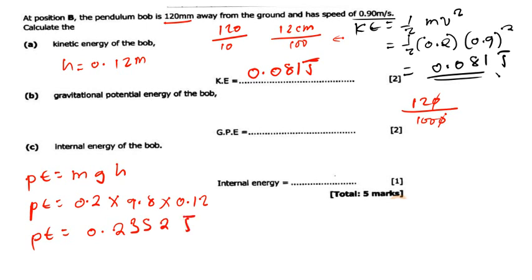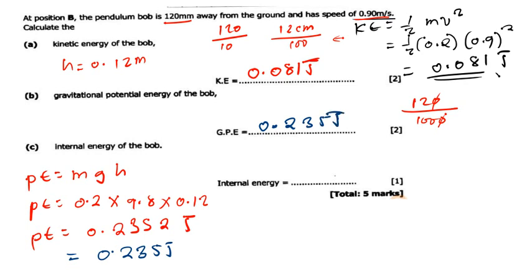But I can round it off, because this one is in three decimal places, so let's also leave it in three decimal places. So the gravitational potential energy is 0.235 joules. That's the answer.